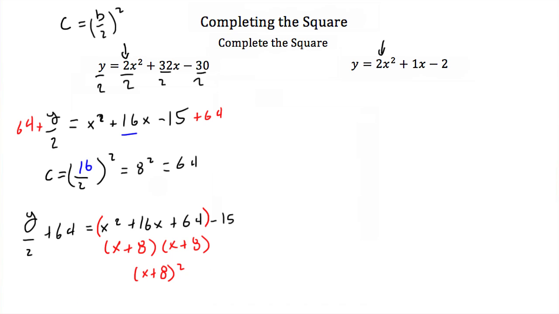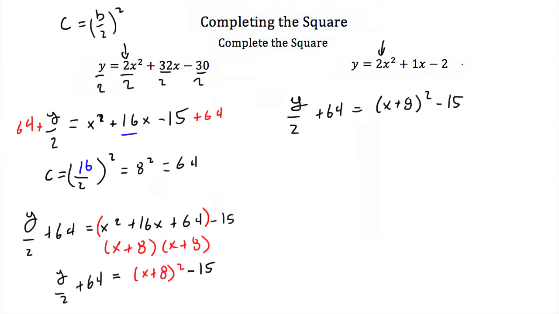Now this is still having 15 subtracted from it, and it's equal to y over 2 plus 64. So if we have y over 2 plus 64, and that's equal to (x plus 8) squared minus 15, then we'll have to subtract 64 from each side, and we'll get y over 2 is equal to (x plus 8) squared minus 79, and then we'll have to multiply both sides by 2.